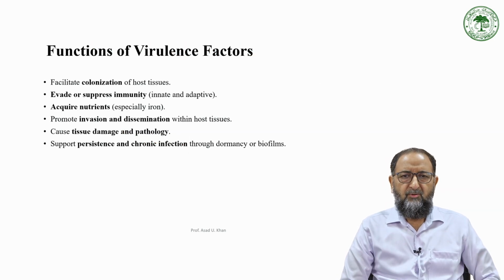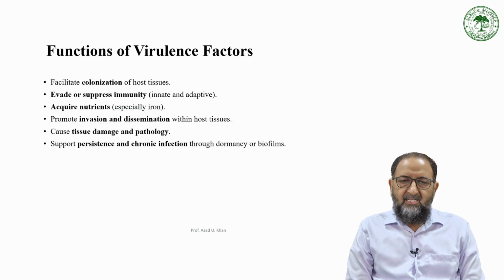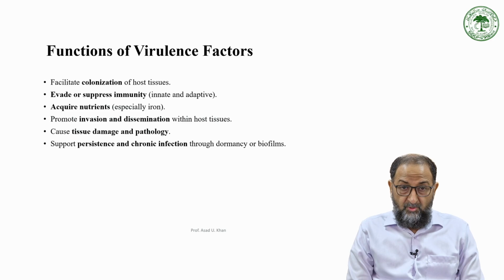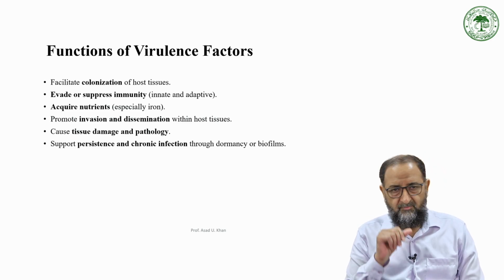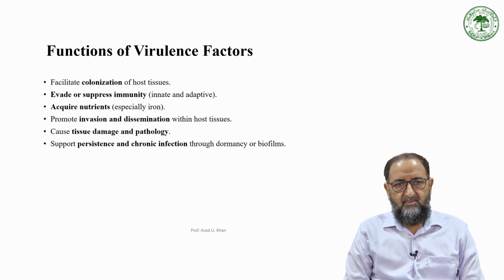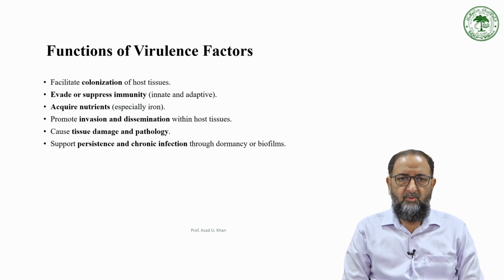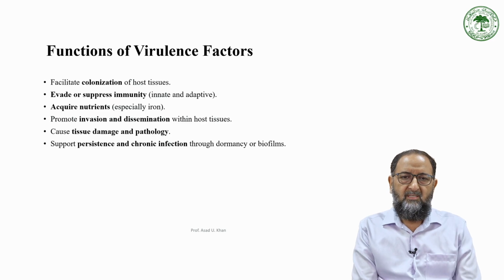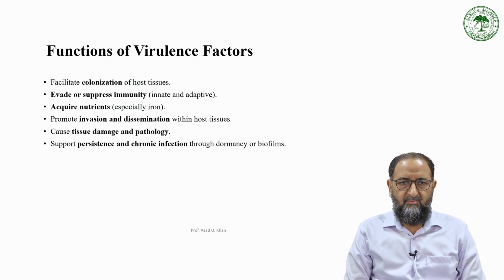Now, the functions of virulence factors: they facilitate colonization of host tissue. They also evade or suppress immunity, so the microorganisms can escape, and they suppress both innate and adaptive immunity, including cell-mediated immunity.